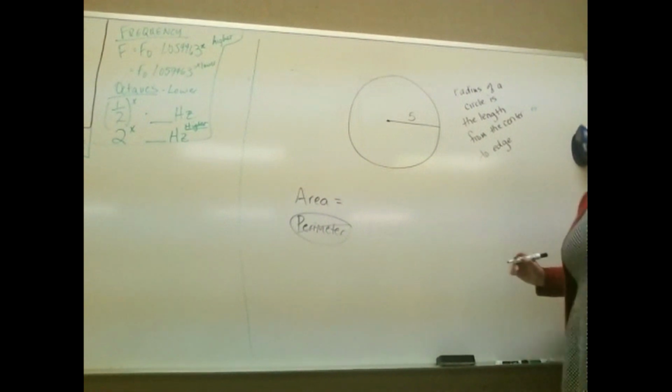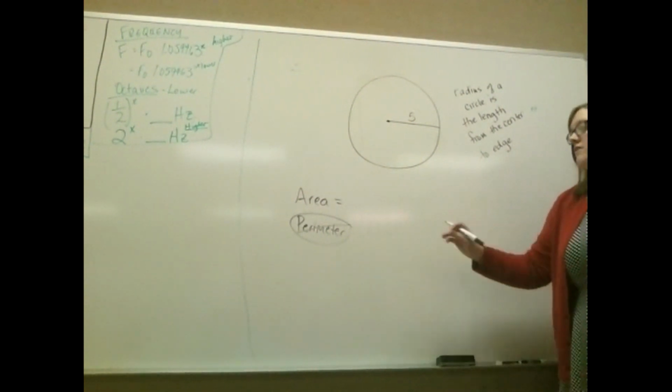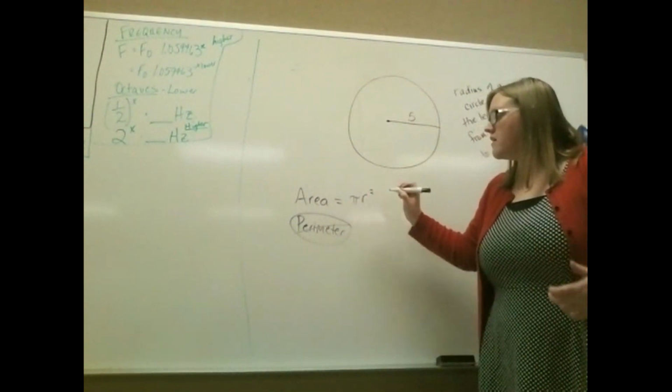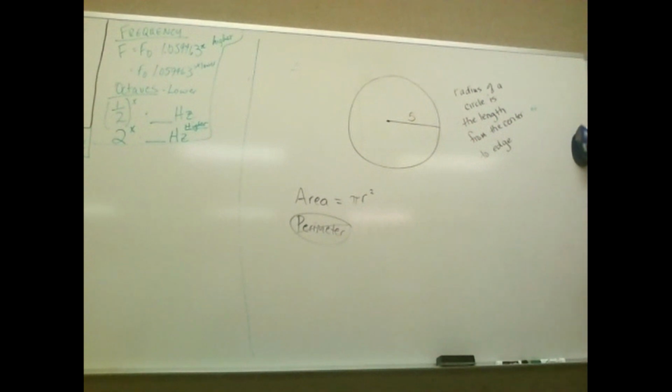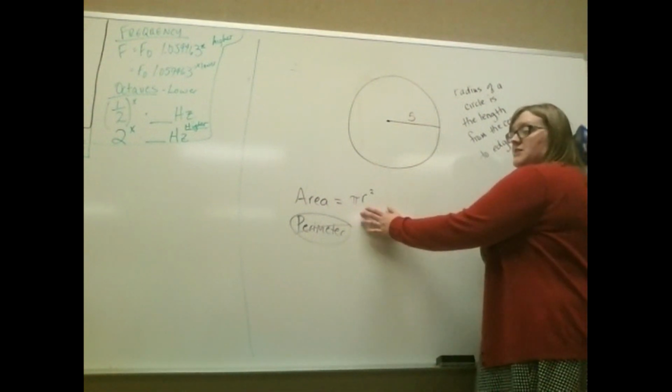All right, so if you guys remember from a few minutes ago, whenever I listed the formulas, the formula for area was pi r squared. Pi is just an irrational number. Usually in school, they have us round it to 3.14. All right, so for this class, you can either use the pi button on your calculator, or you can put it in as 3.14, or you can do what I'm going to do, which is just leave it as pi.